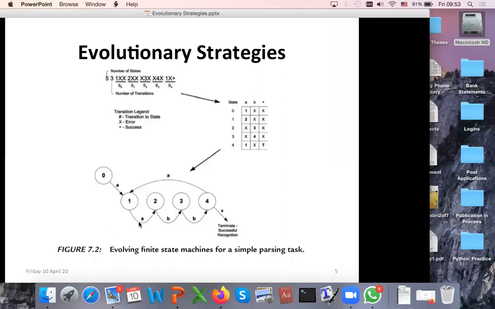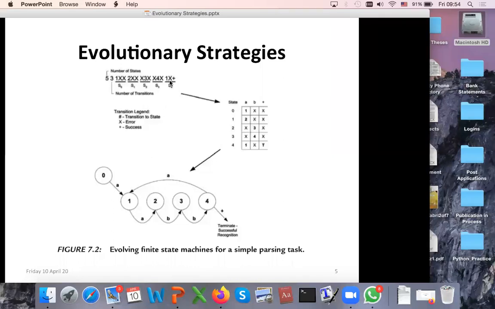And similarly, the last one. Rest of the things are the same. This is for B actually, and this is again for B. And we can move on from state S4 to state 1 by taking symbol A.